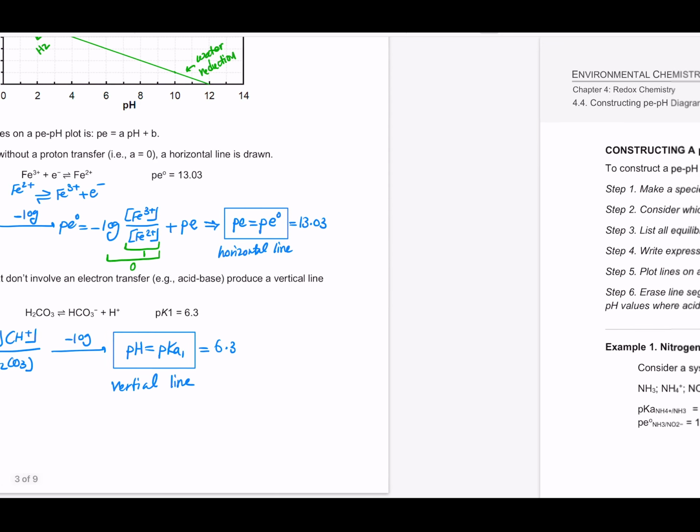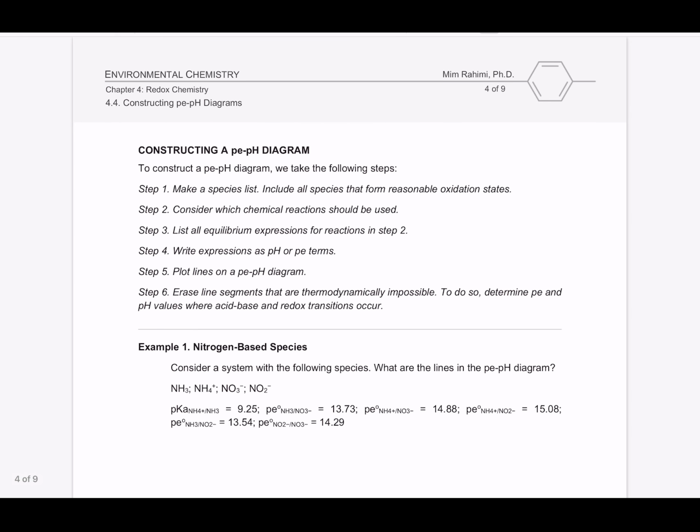Now we want to have a general rule of how to construct a pe-pH kind of diagram. So the first time when we read this, this might not be very self-explanatory, but when we solve 3 examples, it would be more clear. The first step is to make a species list.